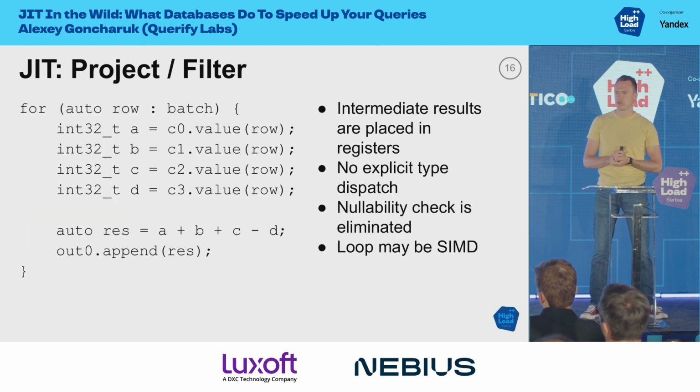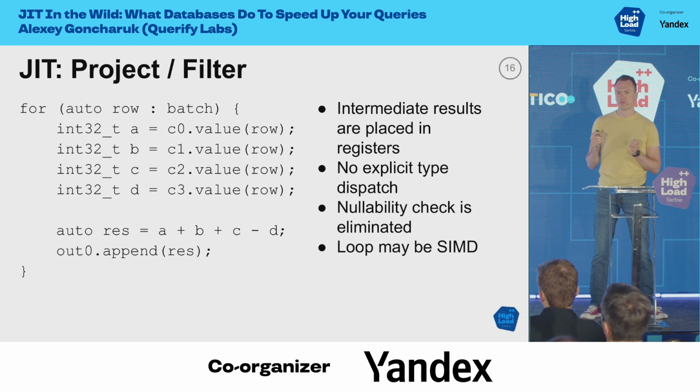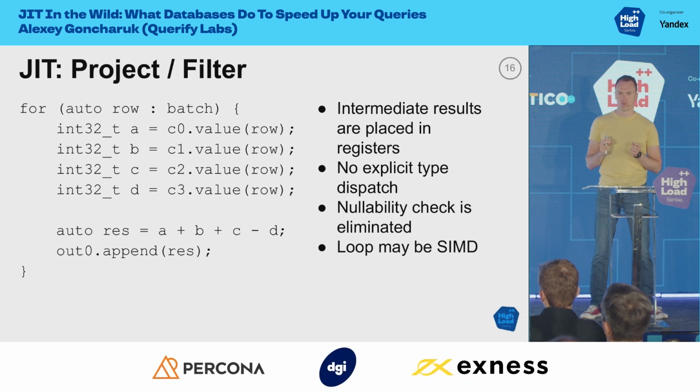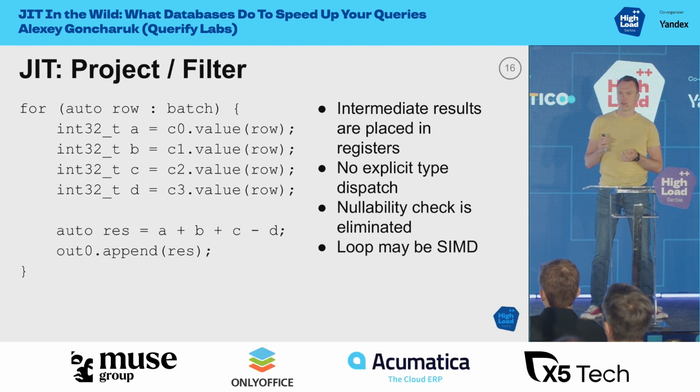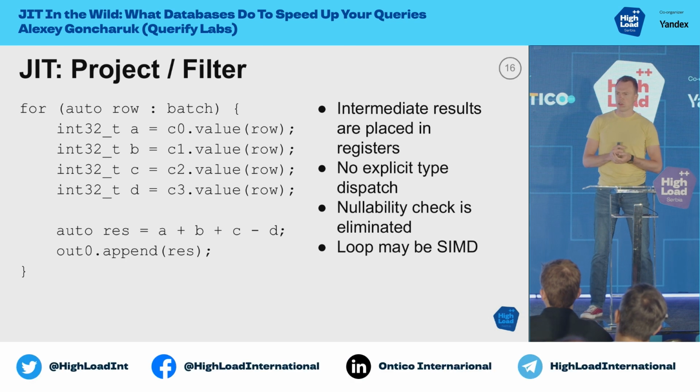So instead, what we can do is take this particular operator and generate a very tight loop and use specific type information that is strictly narrow for this particular query. In this example, we can assume that, for example, the rows have integer type, and we don't have any type checks. We eliminated all the null checks, and we generated the code for this particular expression.